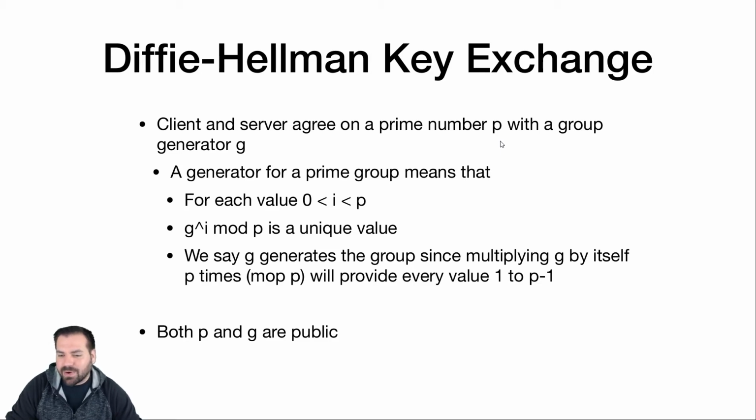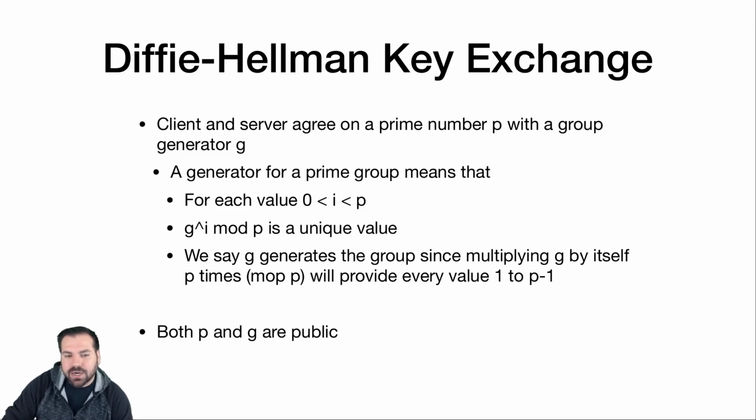This is where I have to remember all my abstract algebra. g raised to the first power is going to be g, the 0th power is going to be 1, and then squaring it mod p is going to give you another new unique value. If I keep multiplying g by itself, or keep raising it to different exponents all the way up to p, I'm going to get unique values for every single exponent that I choose.